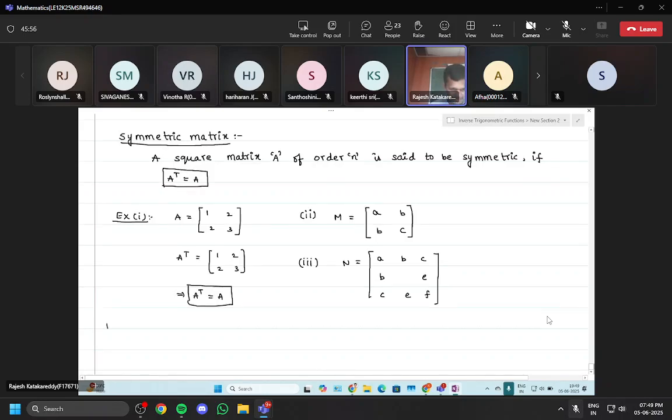So let me write here, this is note point 1 for symmetric matrix.